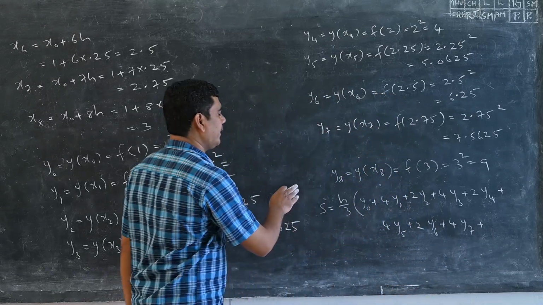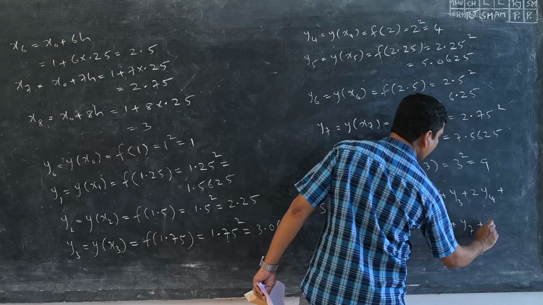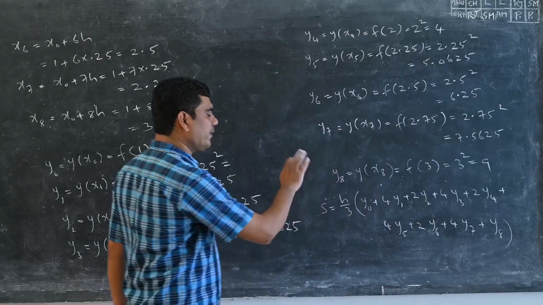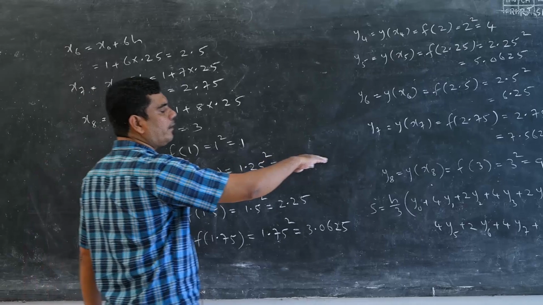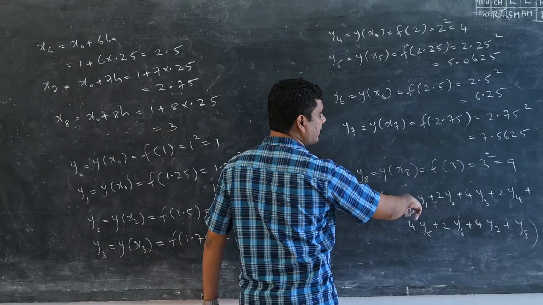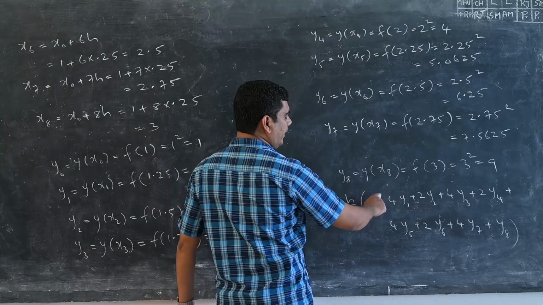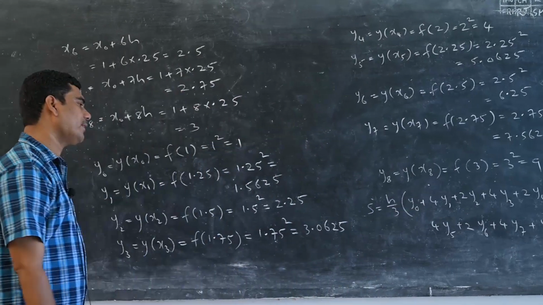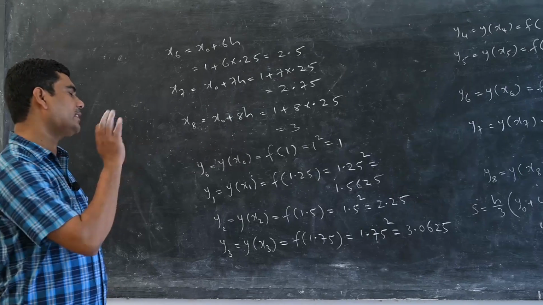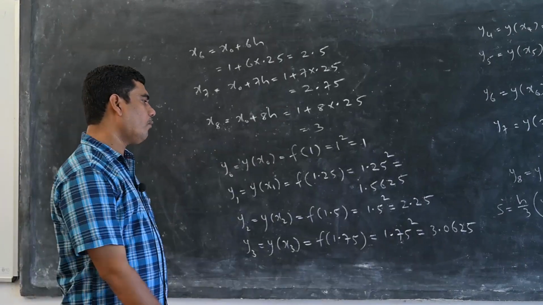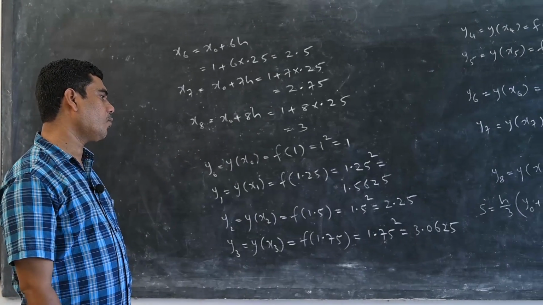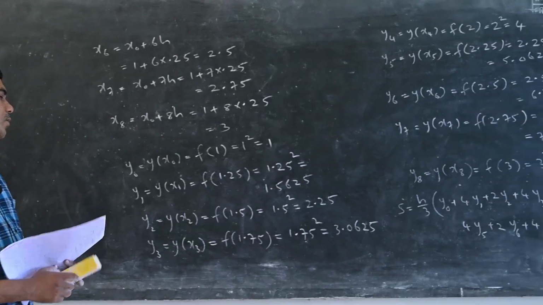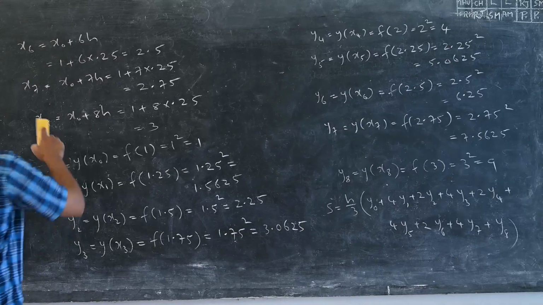The last term is y8. y0, y8 keep fixed. Multiply all y with odd suffix by 4. Excluding y0 and y8, multiply all even suffix by 2. So this is the formula. S is h by 3 into y0 plus 4y1 plus 2y2 plus 4y3 plus 2y4 plus 4y5 plus 2y6 plus 4y7 plus y8.